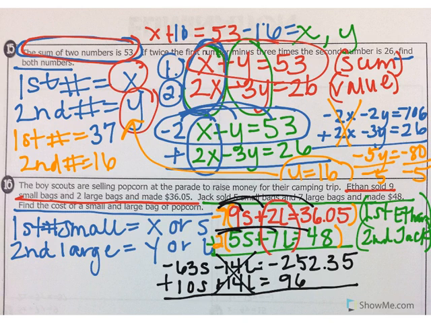And that's going to give me, right here, negative 53S. And then I'm going to subtract this one, which is negative 252.35, and I'm going to add 96 to that.